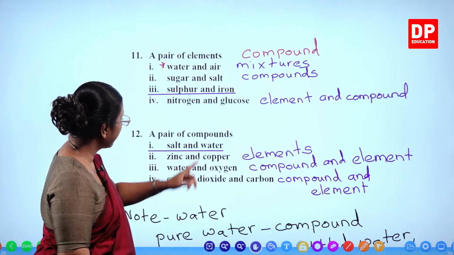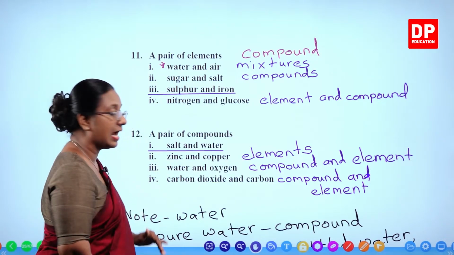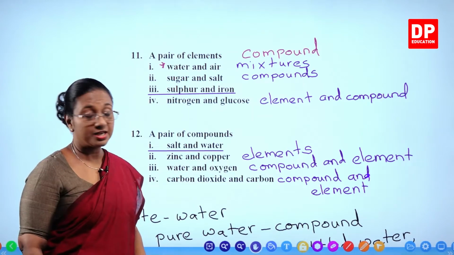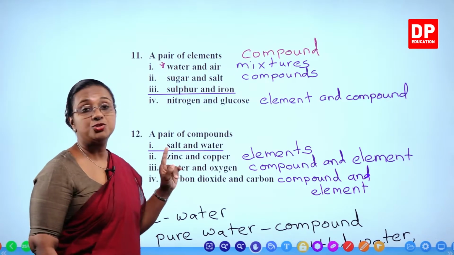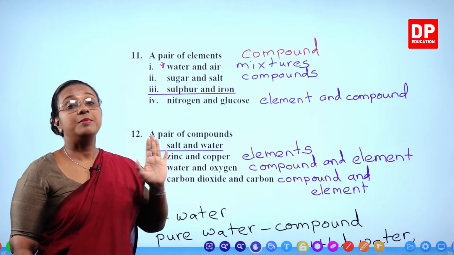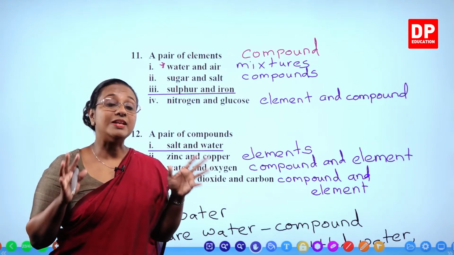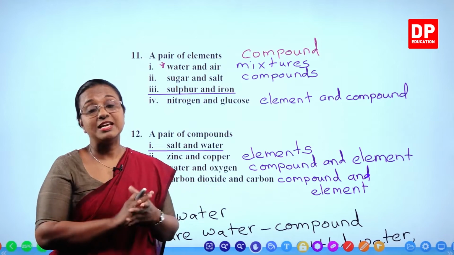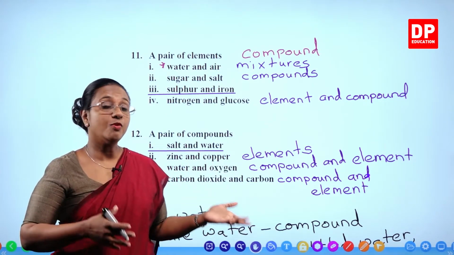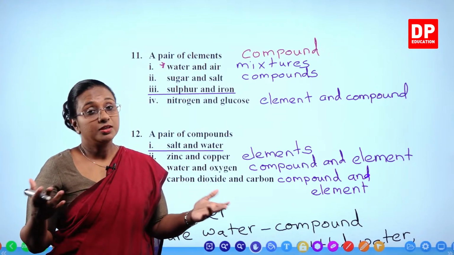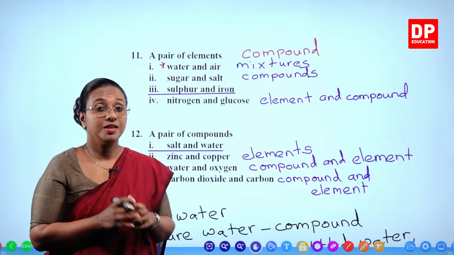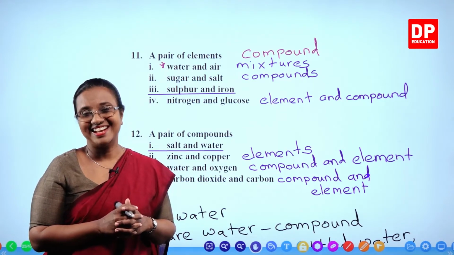But here, a pair of compounds out of all the answers, salt and water is the most suitable answer. So here, water needs to be considered as a compound, so we need to consider it as pure water. Normally when they say water, we will take it as pure water. But if it is some other water like seawater, rainwater, bottled water, then you all know it is a mixture. I'm sure you all can understand that, students.